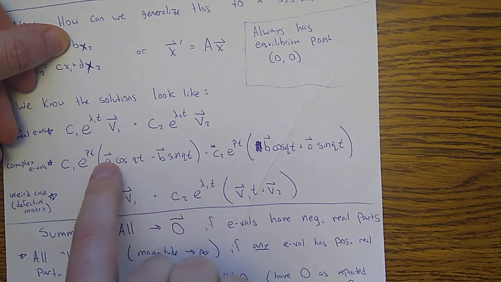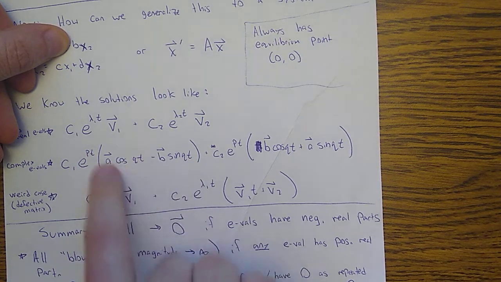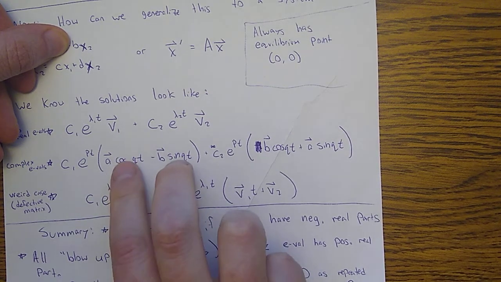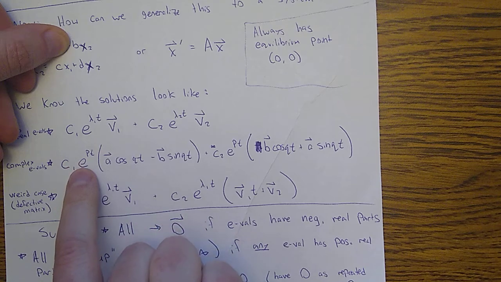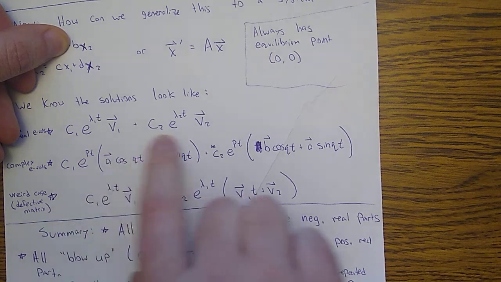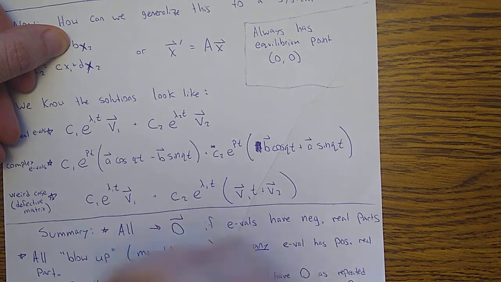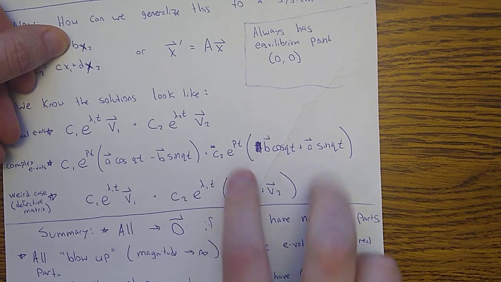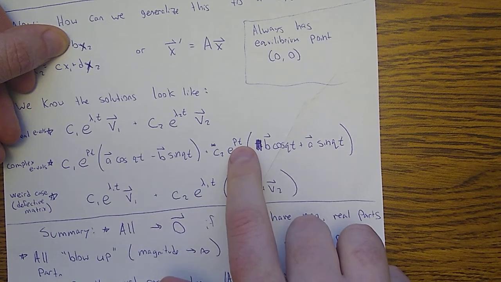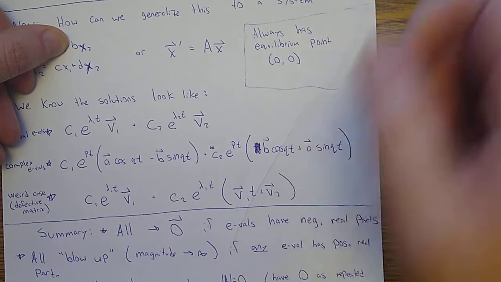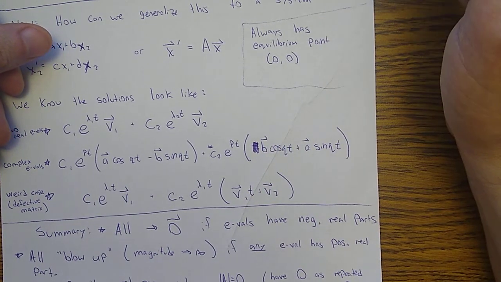This thing inside here is just a periodic vector function, it's just sines and cosines. So if this number is going to 0, 0 times this periodic thing is going to the 0 vector. And likewise with this other one, we have exponential decay times this periodic thing.